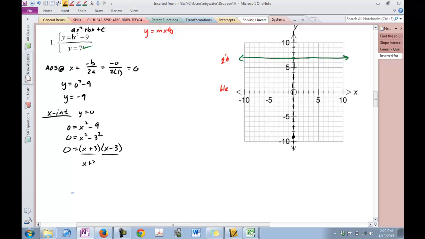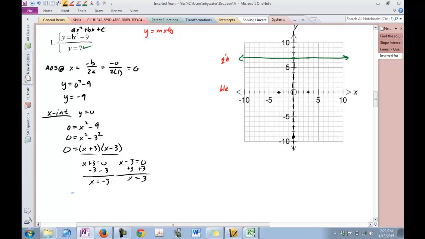So I've got x plus 3 equals 0, and I've got x minus 3 equals 0. I subtract 3 from both sides, and I get x equals negative 3. This one I add 3 to both sides, and that will give me x equals positive 3. Now I recognize these are x-intercepts. So I put down 3 right there, and negative 3 right there.